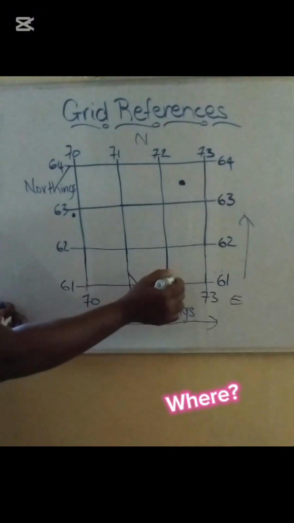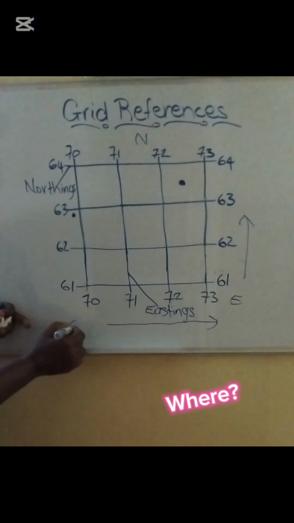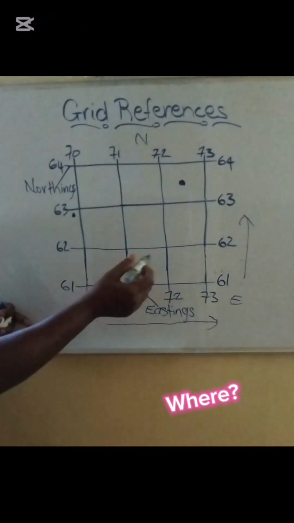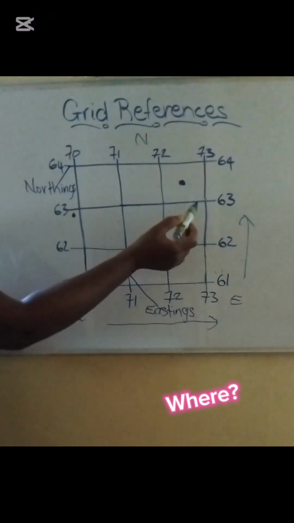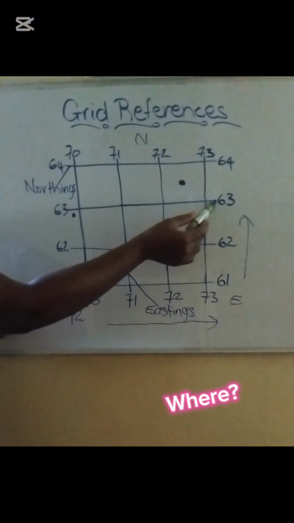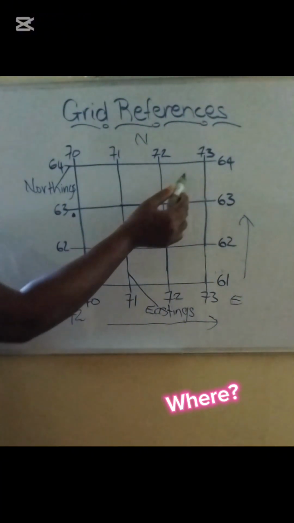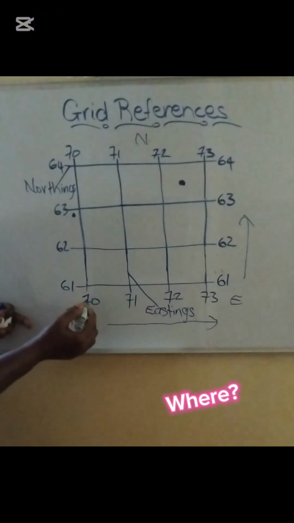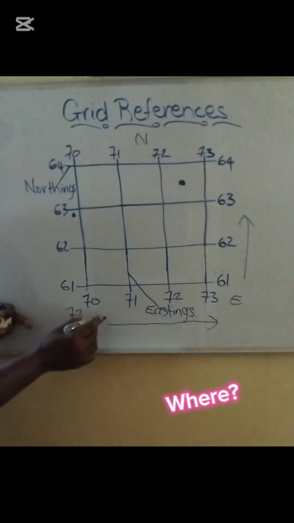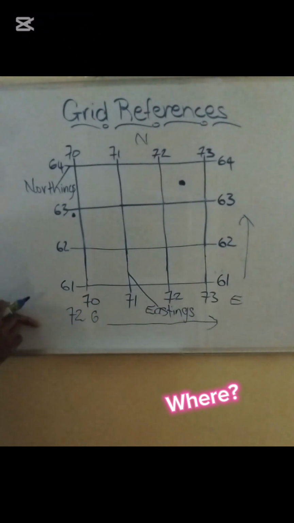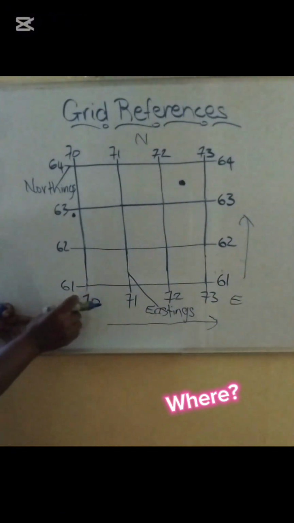So we know it's 72. Okay, and we also know that for the northing it is 63. Okay, 63. Let me remove this from here.